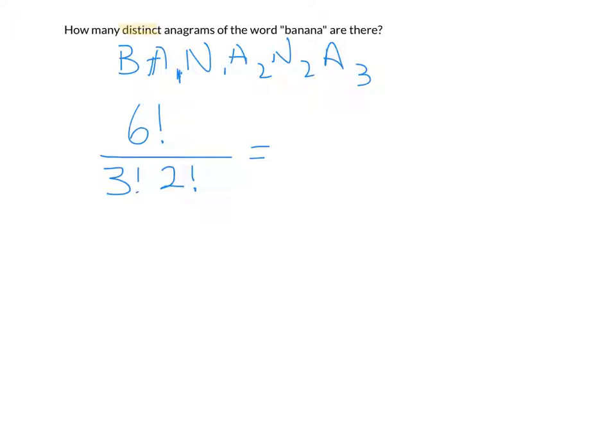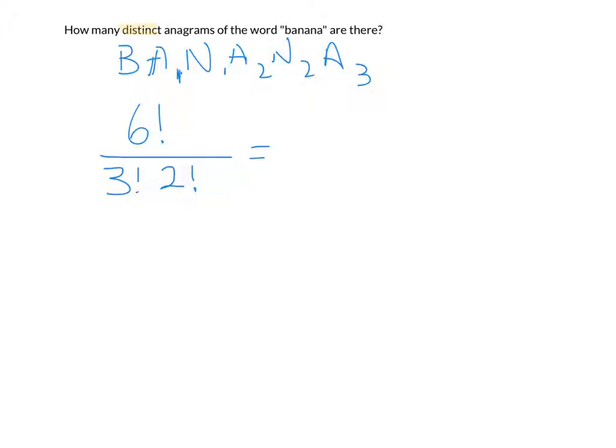So what this means is, if you were to make a list of all of the anagrams of banana, you would have 3 factorial times 2 factorial, so that's 6 times 2, or 12 duplicate versions of the word banana, or ananab, or abnaan, or whatever.